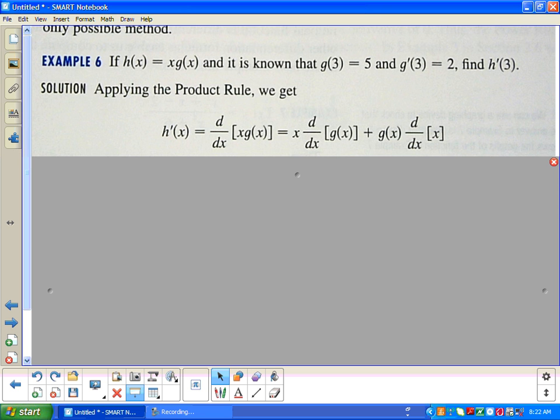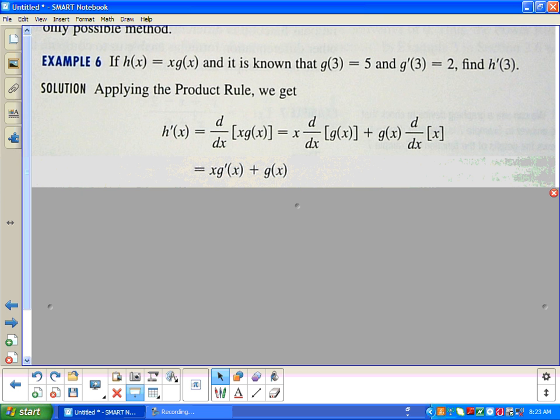Well, the first function is x, the second function is g of x. So x times the derivative of g of x plus g of x times the derivative of x. What's the derivative of x, everybody? All right. So they simplify this. And looky, x stays the same. Derivative of g of x is g prime plus g of x times 1 is just g of x.